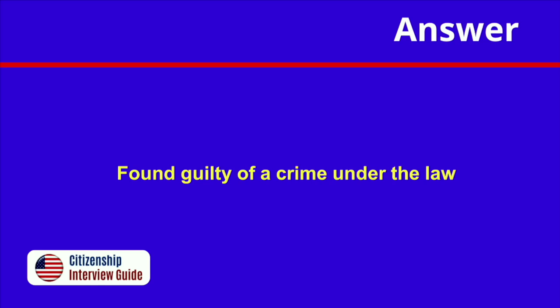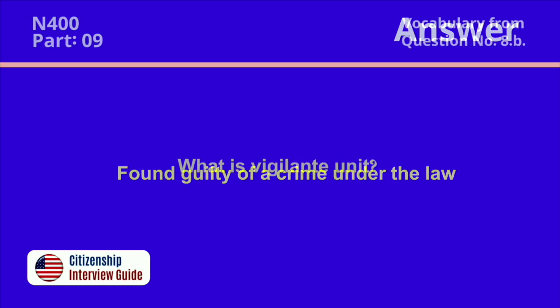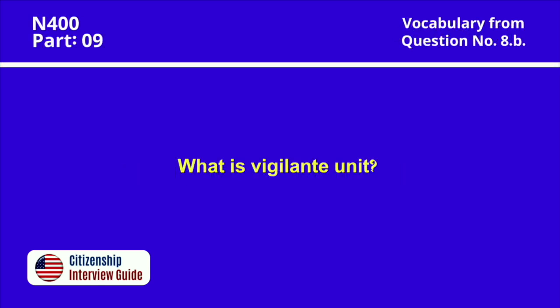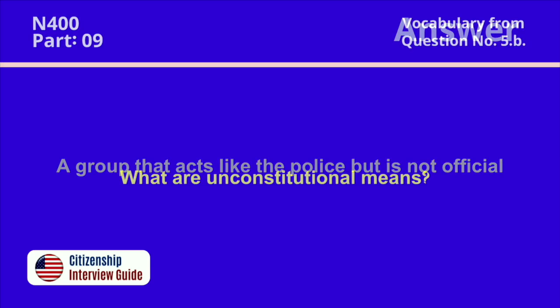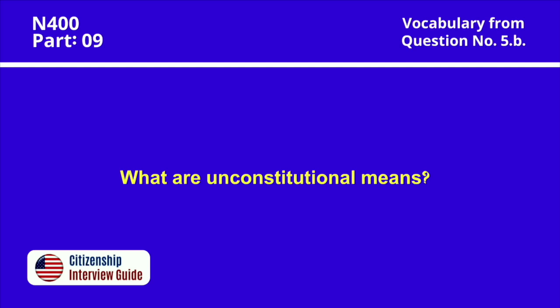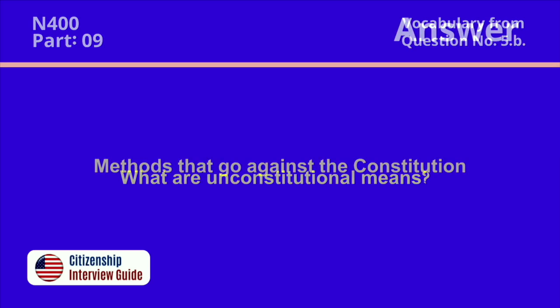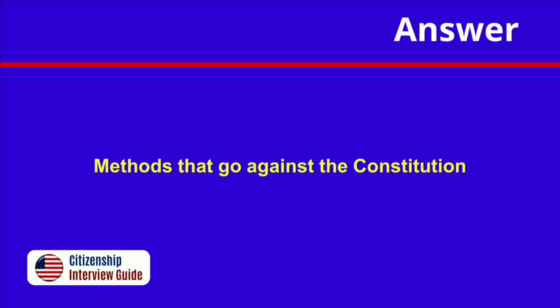Found guilty of a crime, under the law. What is vigilante unit? A group that acts like the police, but is not official. What are unconstitutional means? Methods that go against the Constitution.